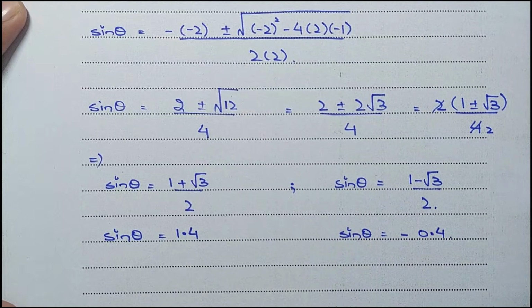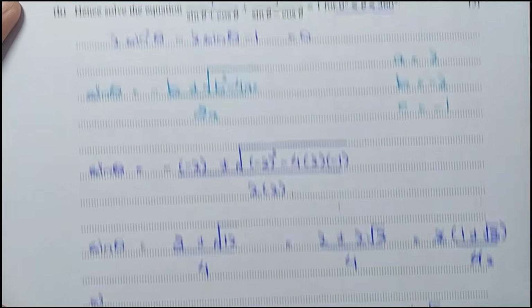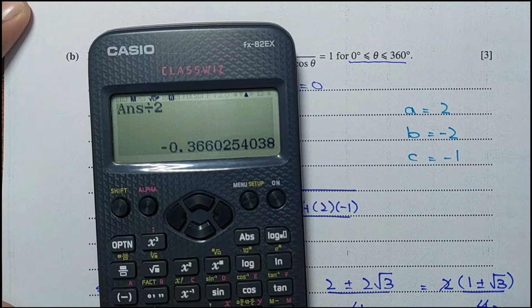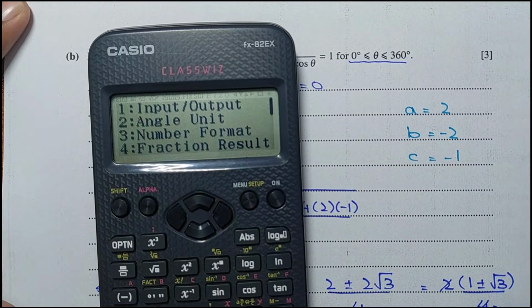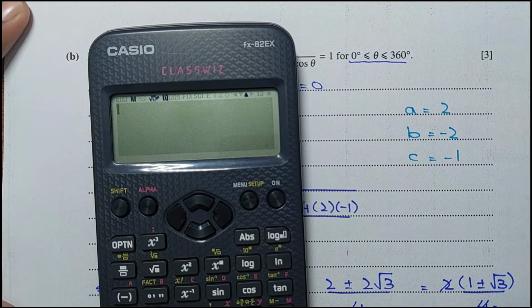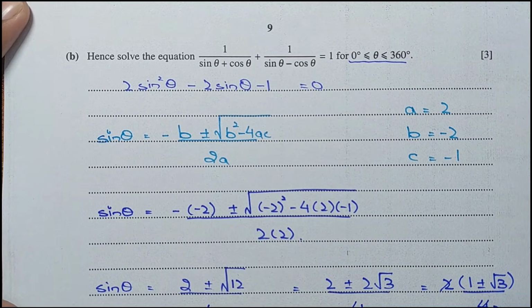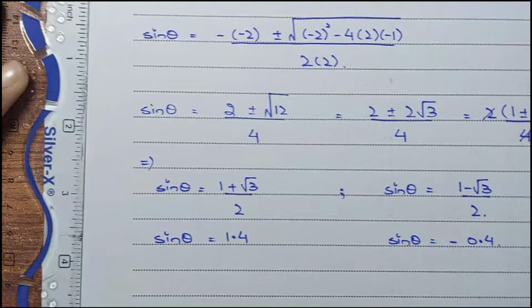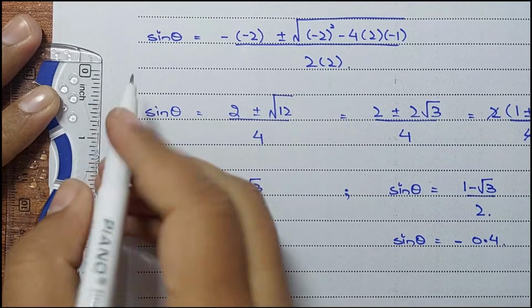Now here the sign is positive and here the sign is negative, and the domain given is from 0 to 360 degrees. First thing, we need to convert our calculator into degree mode. Now the whole circle we have 0 to 360. Draw the coordinate diagram and check in which quadrant sine is positive and in which it is negative.